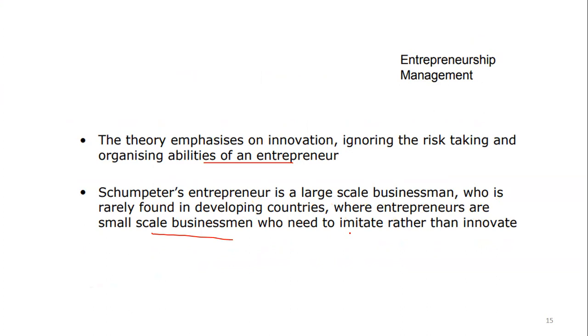At a large scale in the market, you can't just enter, you cannot survive or sustain for a longer period of time. So that's what he said, that in a small business, the entrepreneur needs to imitate first rather than innovate, to understand the market and the things very well.